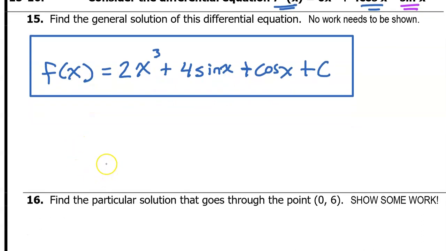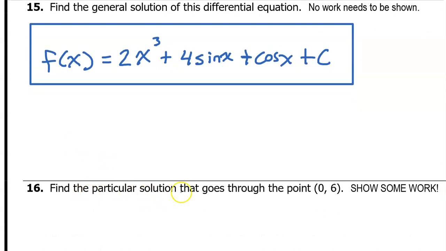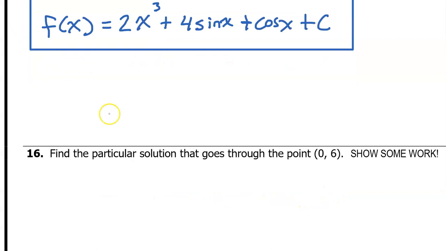Number 16. Find the particular solution that goes through the point 0, 6. Basically, we are just using the point 0, 6 in order to find c. So 0 is going to be our x value, and the 6 is going to be the value of the function at x, right?